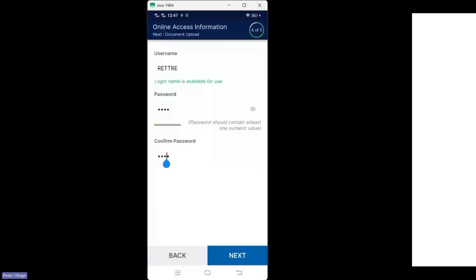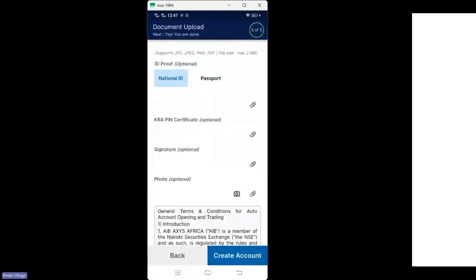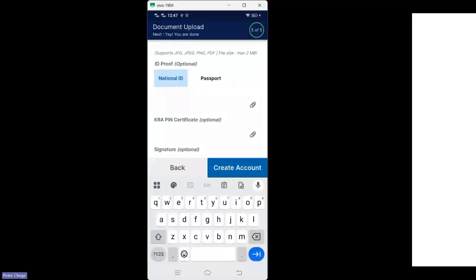The next screen is where you attach documents. As I said, if you intend to invest in international markets, make sure you attach what is required here, please. That is your national ID. You attach it as the first item. KRA PIN.